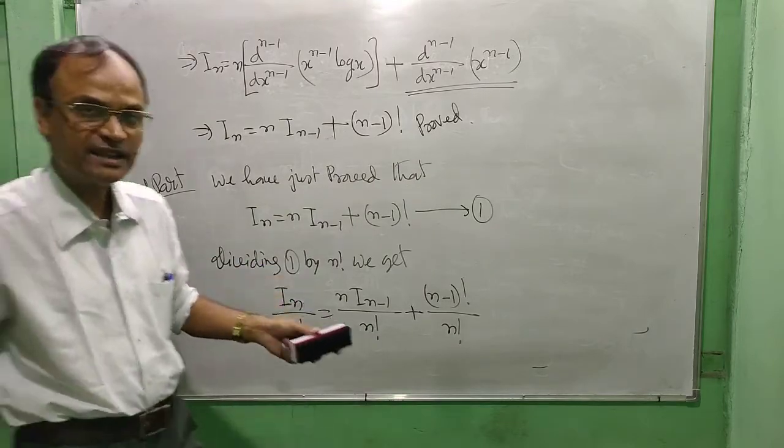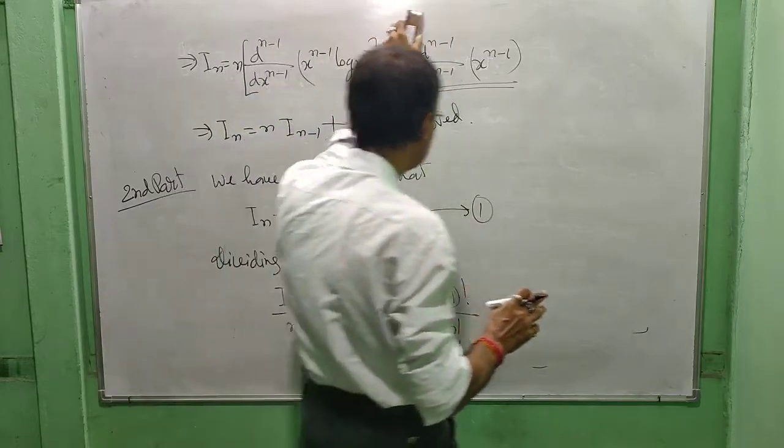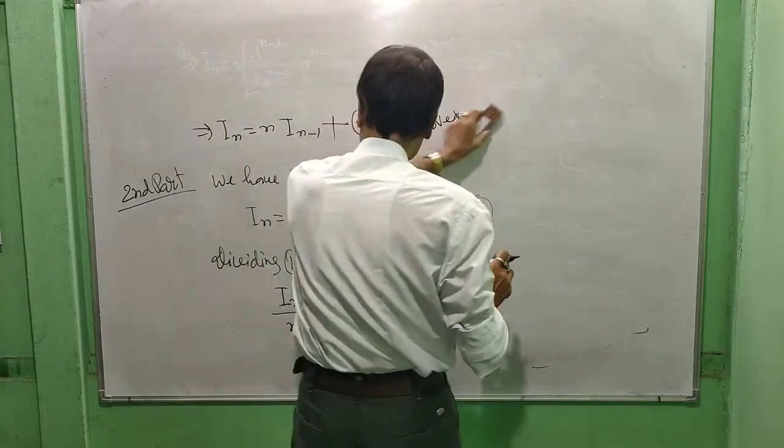We have divided both sides of 1 by factorial n.